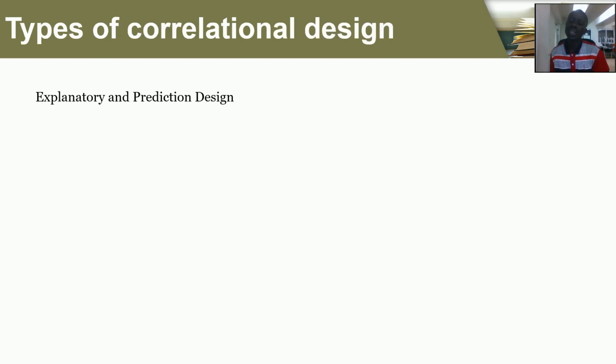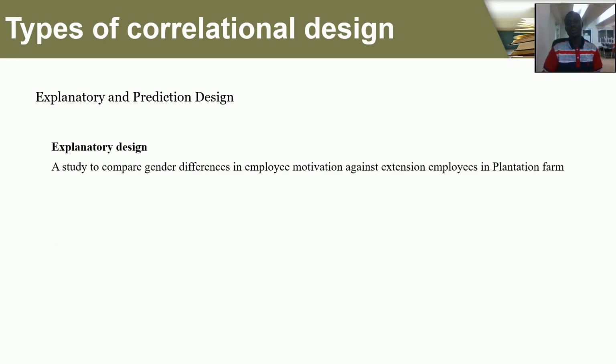We are looking at the basic types of correlational design. We have the explanatory and prediction designs. The explanatory design involves a study that tries to compare, for example, gender differences in employee motivation among extension employees in plantation farms.